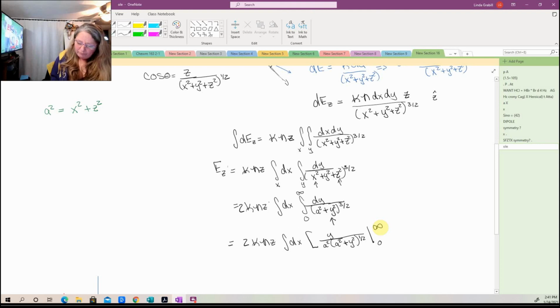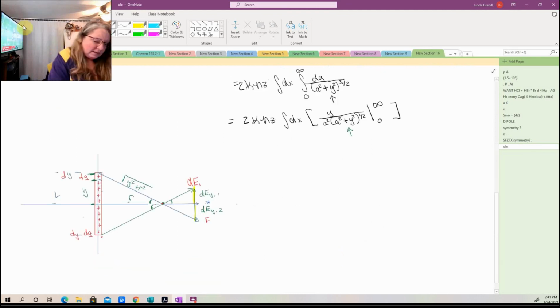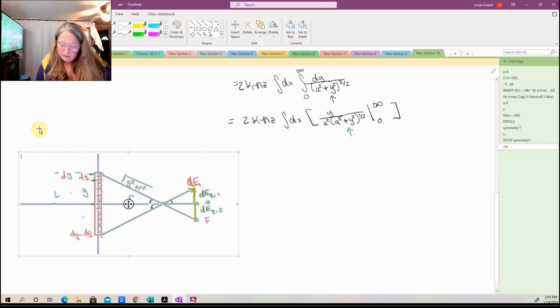Now, I don't know if you have gotten this far yet in your calculus class. Let's take a look at this thing as far as how it relates to integrating with respect to infinity. I'm going to erase this thing. What do we have?